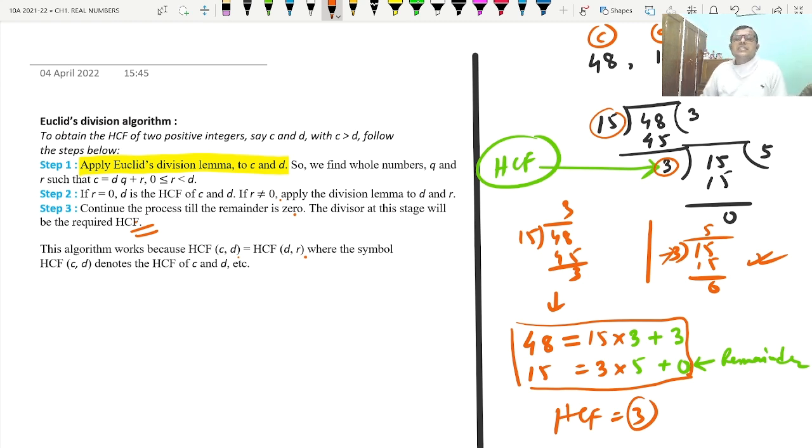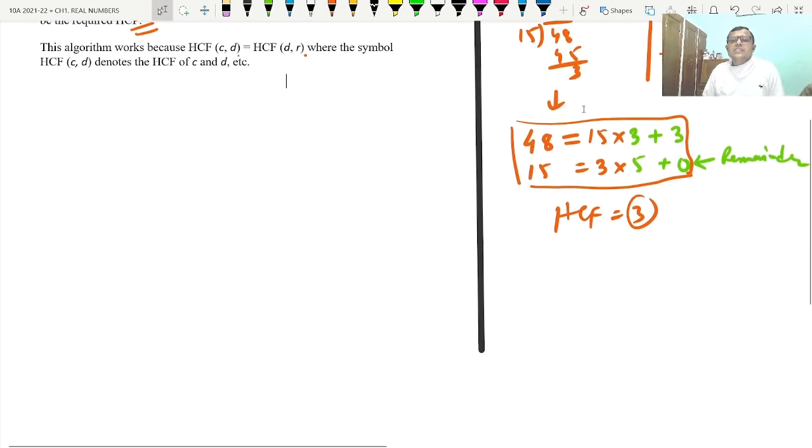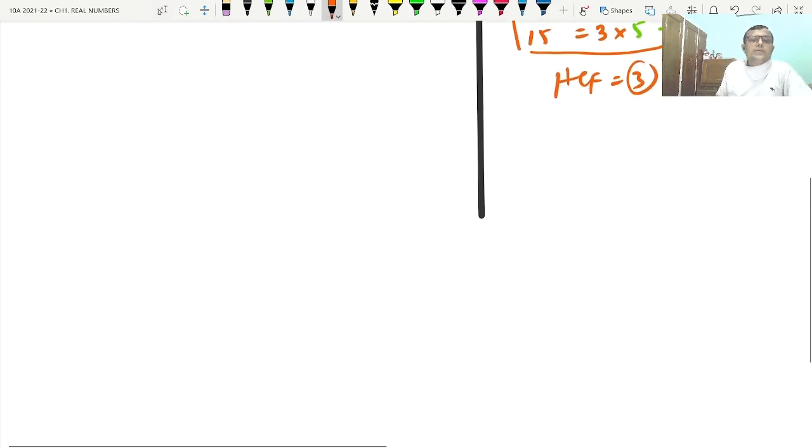So in a nutshell, what can we say? Suppose you are given two numbers like 25 and 70, and you have to find the HCF by Euclid's division algorithm. Then what do you have to do? You divide and write the Euclid's lemma here.